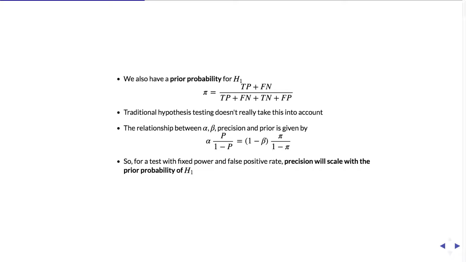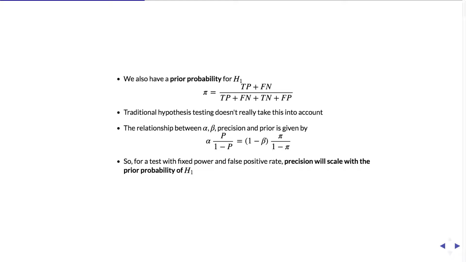If we know truth and we observe a large number of trials, there's going to be some amount of time that H1 is true. Traditional hypothesis testing doesn't really take this into account. If you just run through these definitions and do a bunch of algebra, there's a relationship between the false positive rate, the false negative rate, the precision, and the prior.